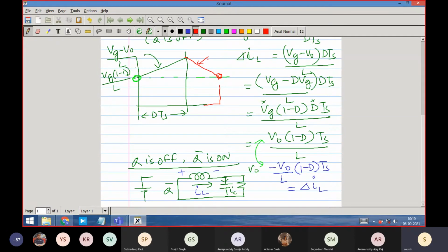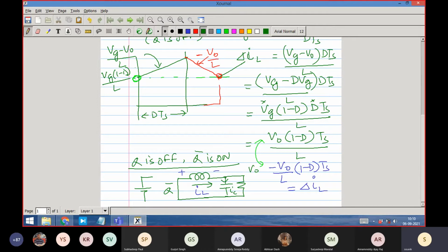So these two things are equal, and the slope here is V0 by L with a negative sign, because the inductor current is reducing now. So the inductor current has a trapezoidal kind of shape. It is continuous, and in the next cycle it again starts from here. That is under steady state, right?